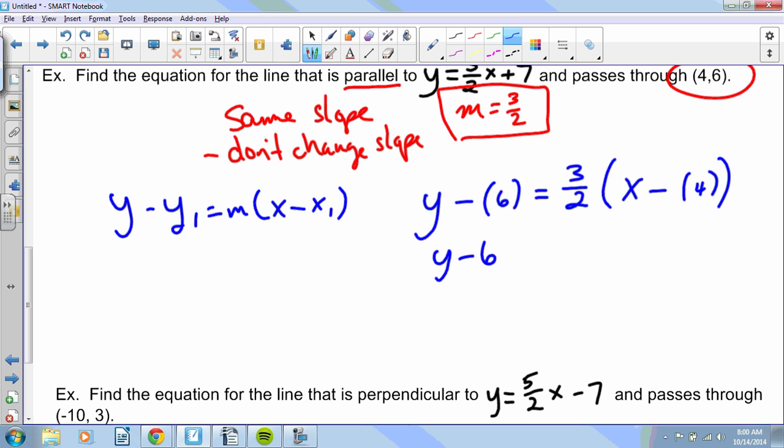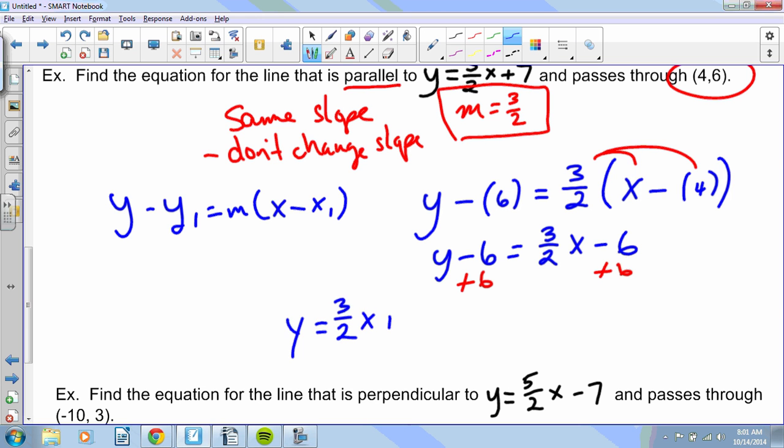So y minus 6 will equal, distribute your 3 over 2 in, 3 over 2x, and then I have 3 times 4, which is 12, divided by 2, that's going to be 6. And the last thing we have to do is add 6 to both sides to get y by itself, and we get an equation. y equals 3 over 2x, and then you can put plus 0 if you want there. You don't need to, but that's going to be our answer.